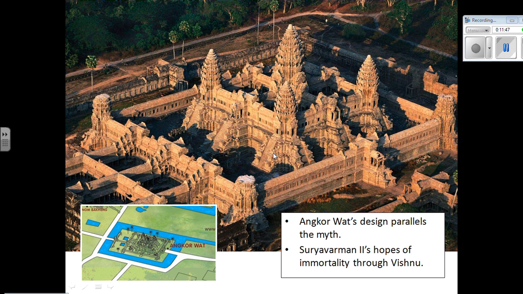And, remember, Suryavarman was associated with Vishnu. The belief was that he would be reunited or reabsorbed into Vishnu upon his death. And so I think what we have here is, in a way, Suryavarman's hopes of immortality through Vishnu, through the architectural rendering of this myth of Vishnu associated with immortality.